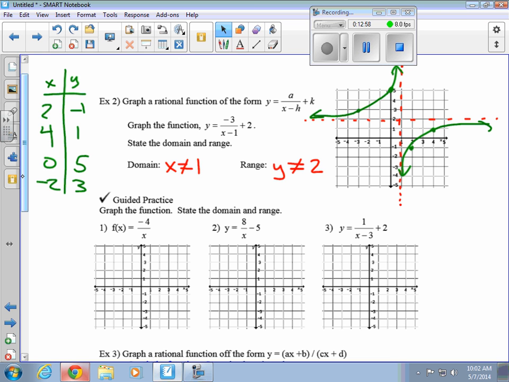For these, the asymptotes are going to come from right here. So in this case, it would be x equals 1, and in this case y equals 2. That's where we get those numbers from.